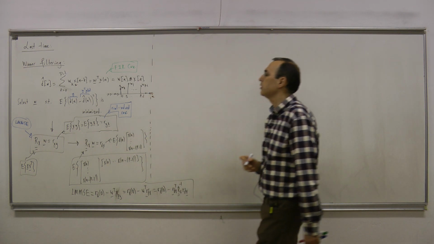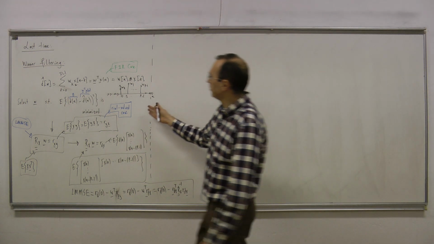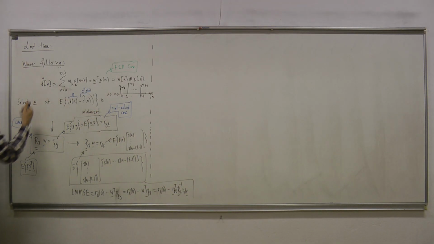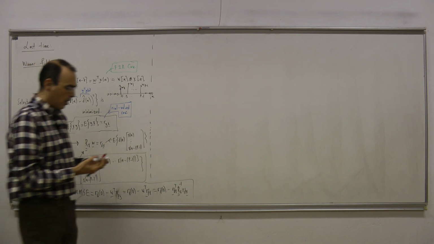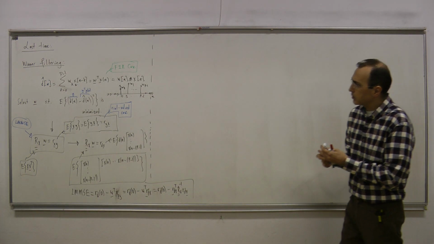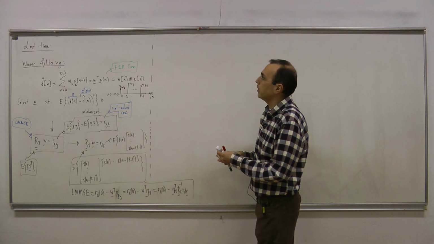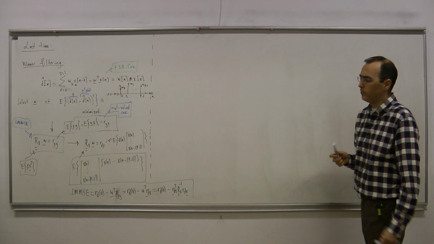It's a causal filter. This is the reason that we are calling this not a linear MMSE estimation, but some kind of filter application, and this is called Wiener filtering. So this is revisiting the previous topics, but this is the basis of everything that we will say in the next hour or so.